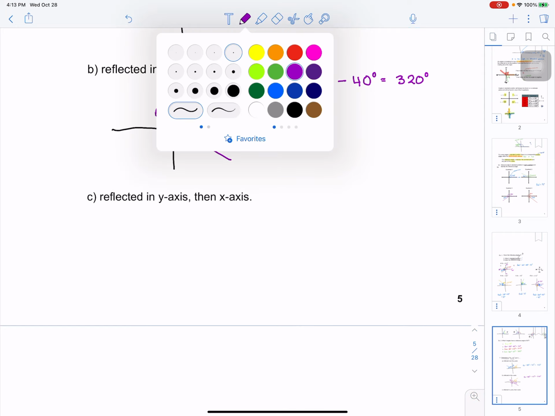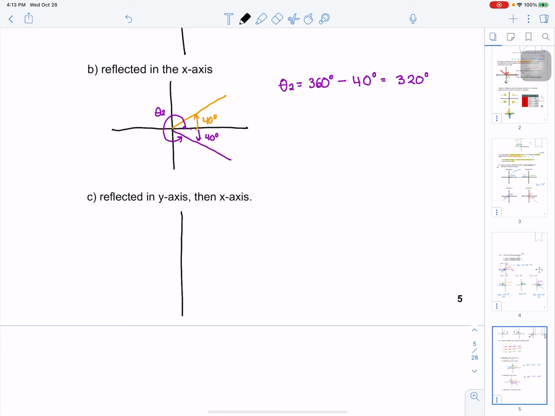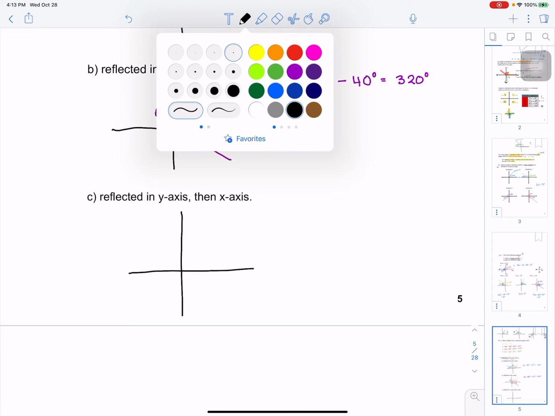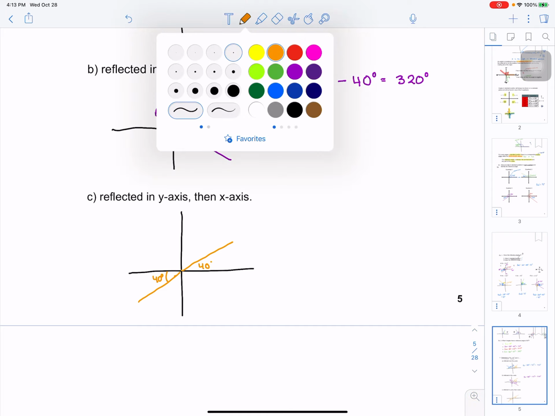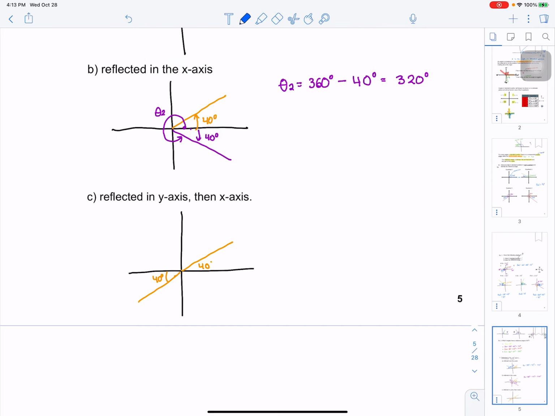Finally, if I reflect in both the x and the y-axis, so here's my 40 degrees. I'm going to reflect in the y and then in the x. So I'm going to erase this helpful line, and I'm just going to put the 40 degrees in here. And now I'm interested in, let's use blue, how much I moved from here to get to quadrant 3.